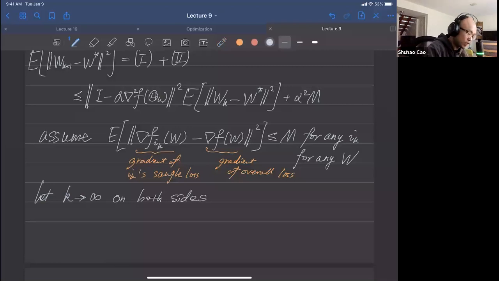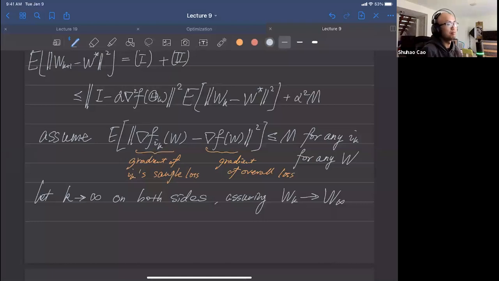And we assume WK converges to W infinity. And this W infinity might not be W star. We just assume it converges to a fixed point, and this fixed point may not be W star, which is our best possible neural network. But if we train using samples, we may show that it's sufficiently close.